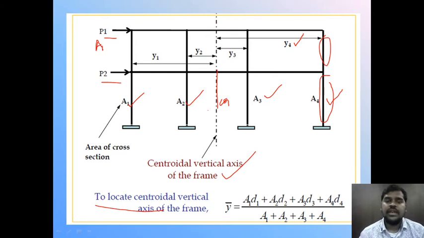First we have to locate that. We get this axis using this formula to locate the vertical centroidal axis of the frame, that is y bar equals A1 into D1 plus A2 into D2 plus A3 into D3 plus A4 into D4, divided by the total area. This is a regular formula for locating the centroid of any structural member.